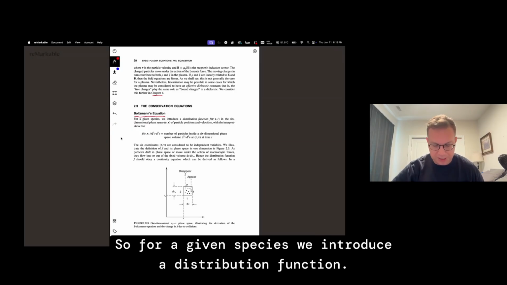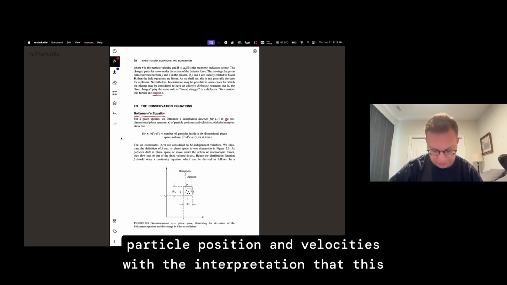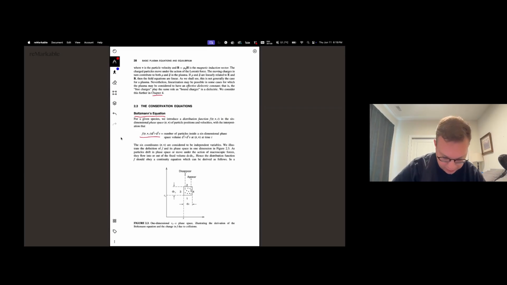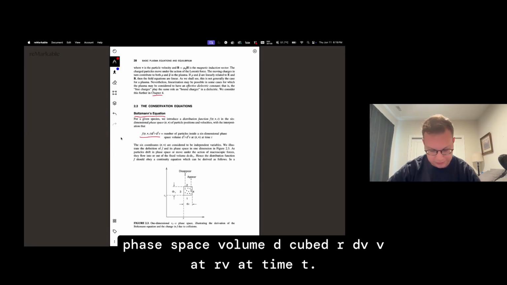For a given species, we introduce a distribution function, f of r, v, and t, in the 6-dimensional phase space, r, v, of particle position and velocities, with the interpretation that this function is the number of particles inside a 6-dimensional phase space volume, d cubed r d cubed v, at r, v at time t.